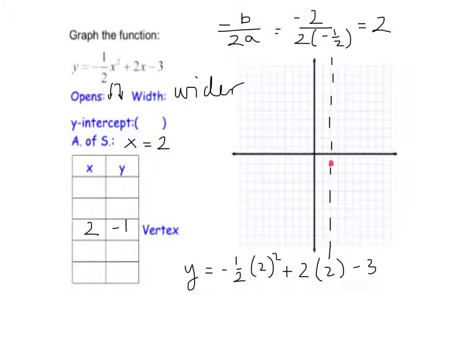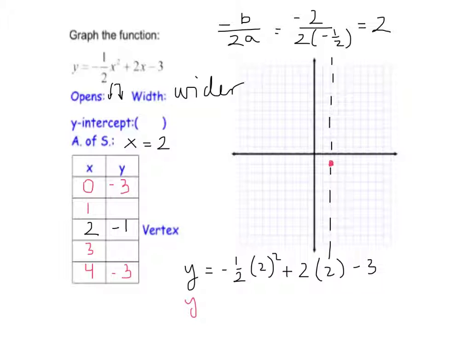So I'm going to pick 1 and 0 and 3 and 4. If I substitute in 0, I will get negative 3. If I substitute in 4, I also get negative 3.